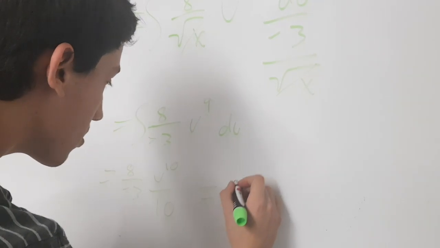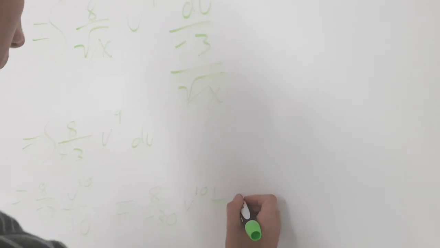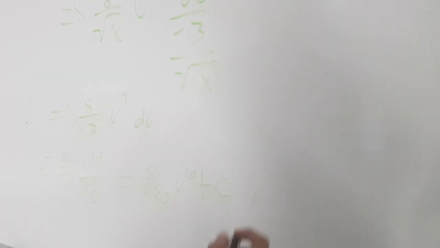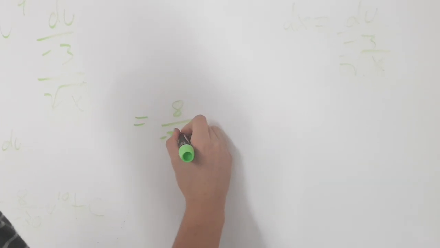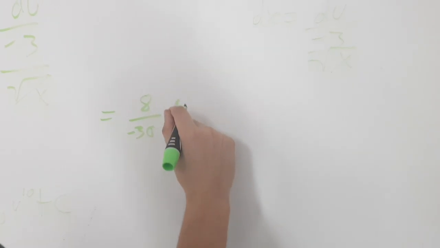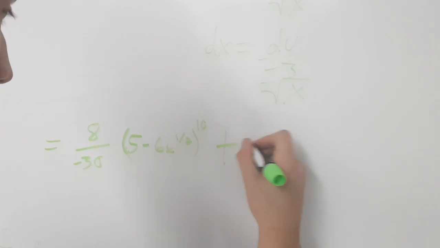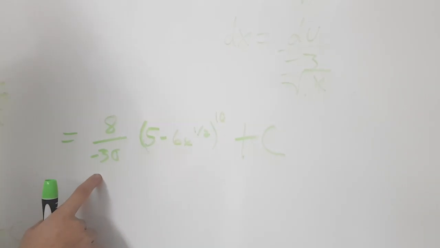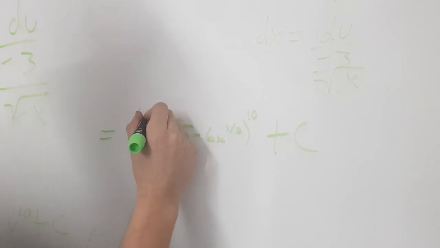So this is equal to our answer, 8 over -30, and we replace the u with what we have over here. And we can simplify this part, which is 4 over -15.